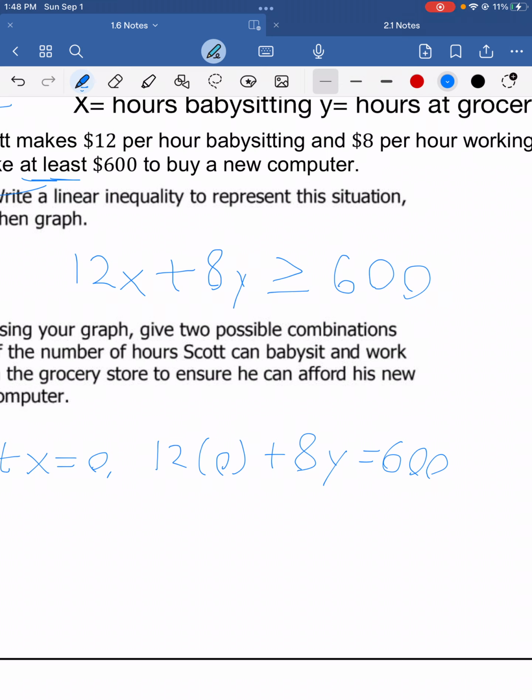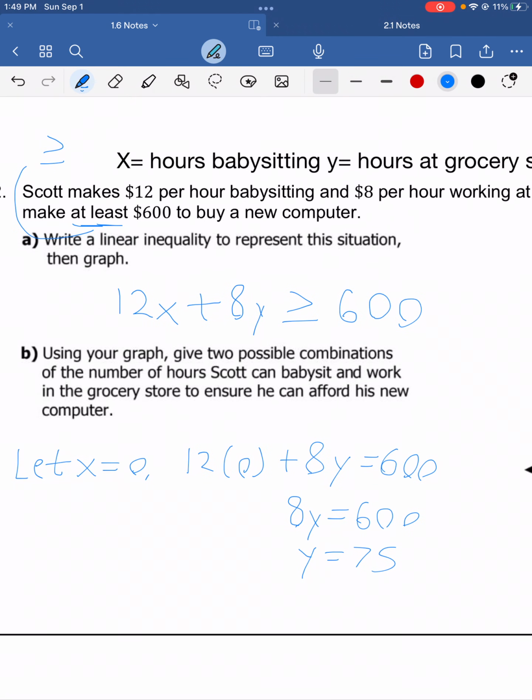And then this gets us 8y is equal to 600. Okay, so if you divide both sides by 8, you get y equals 75. So our y-intercept is going to be 0, 75. Okay, so let's put that 0, 75.